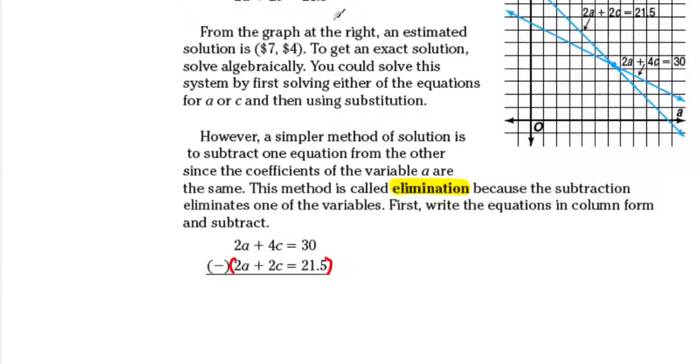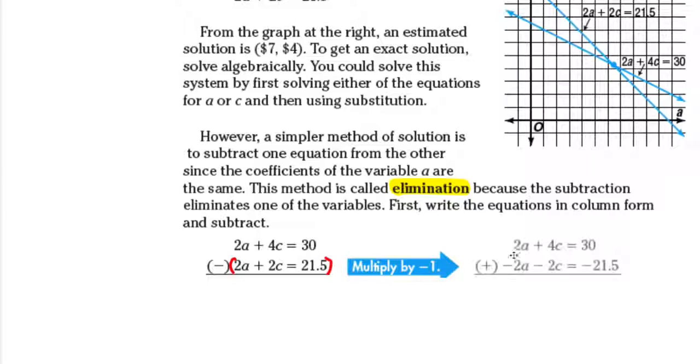So you're basically multiplying by negative 1. We end up with 2a plus 4c equals 30. Now look what happens. The negative 1 has been distributed to 2a, that's why you have negative 2a. It's distributed to 2c, that's the reason why you have negative 2c. And it's been distributed to 21.5, that's why you have negative 21.5.